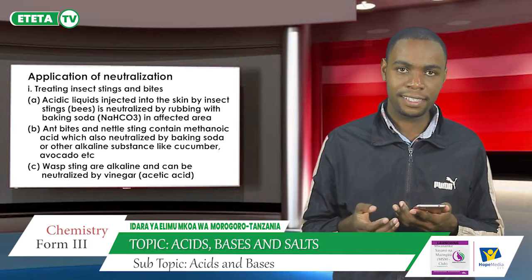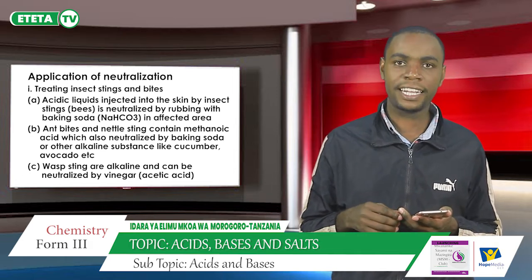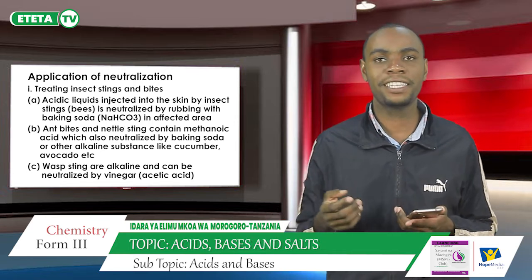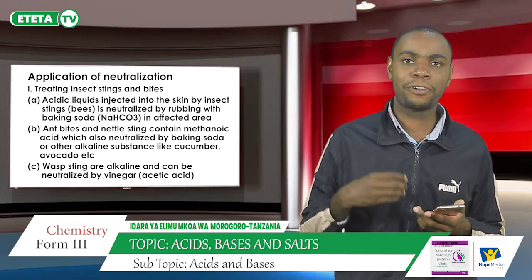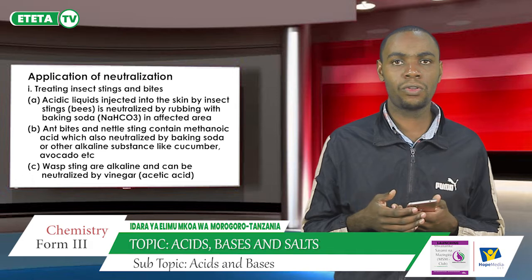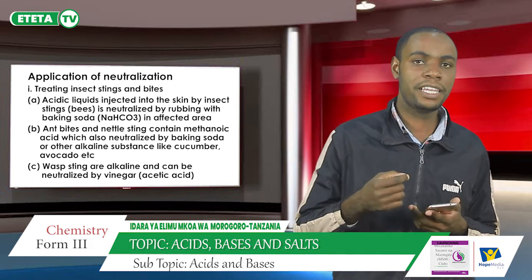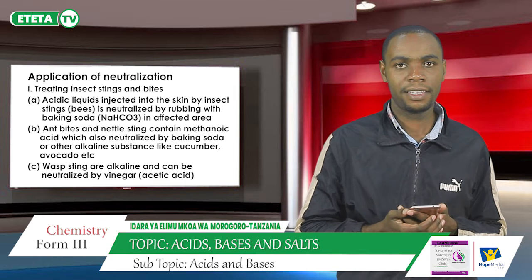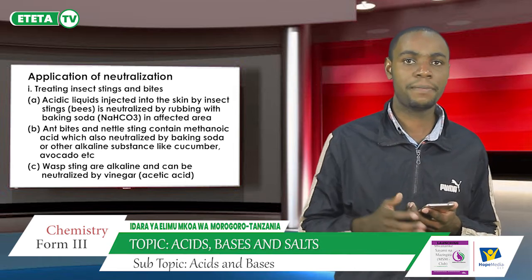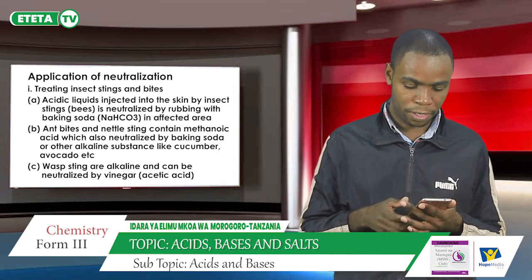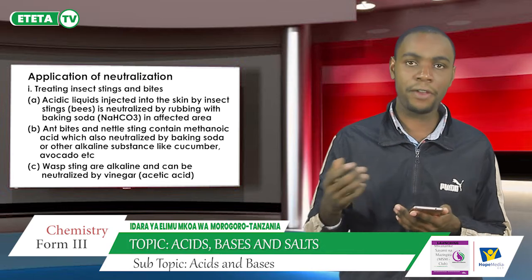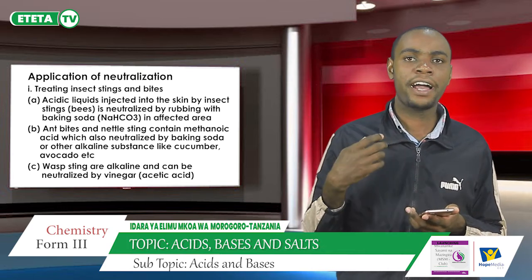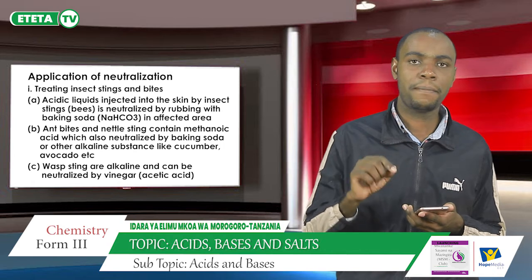Insect stings can contain either acid or base. So the neutralization process can be used to neutralize either the acid or base present in insect stings or bites. Ant stings contain methanoic acid, so by using baking soda or another base, you can neutralize that methanoic acid.